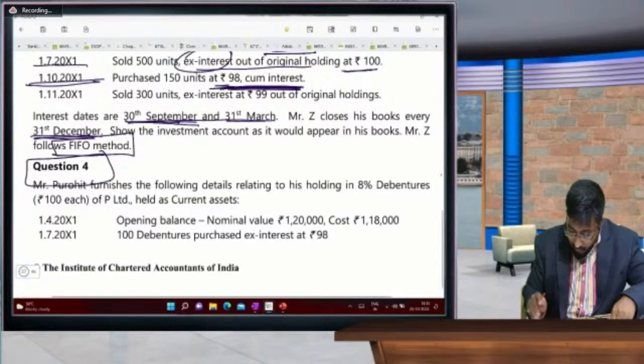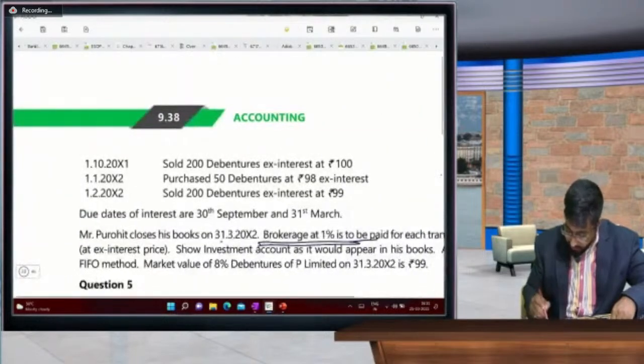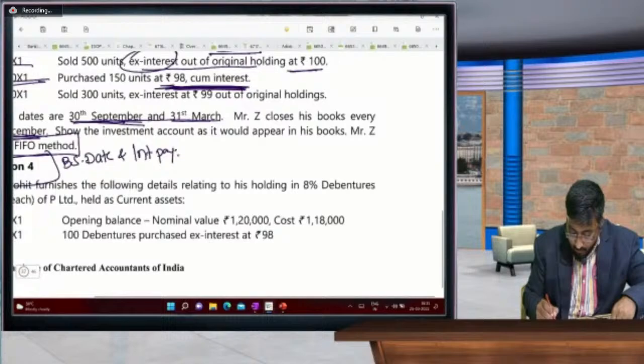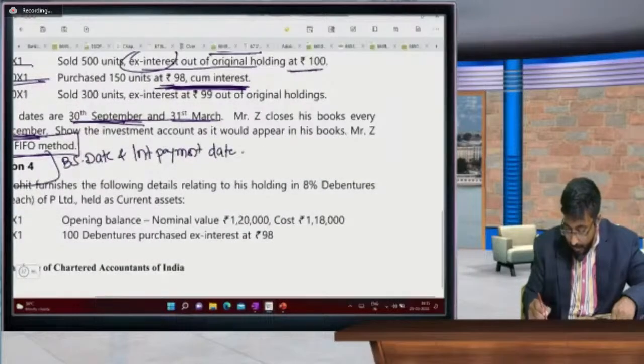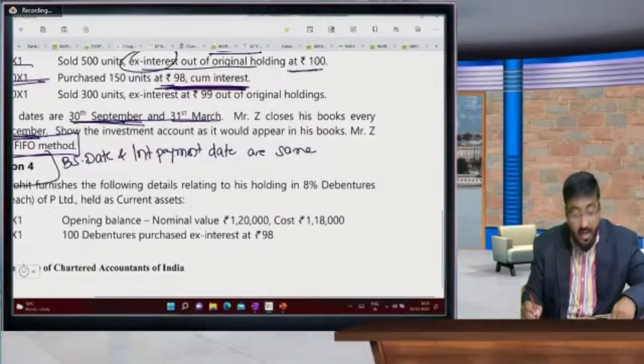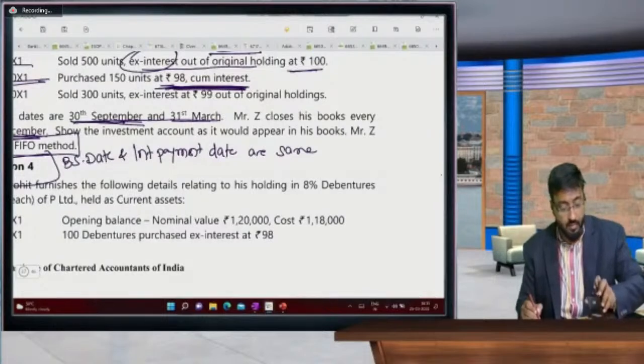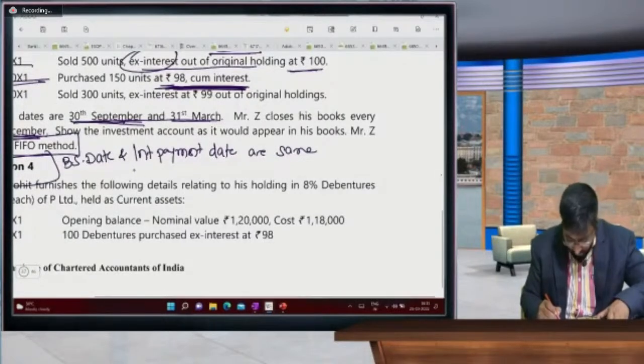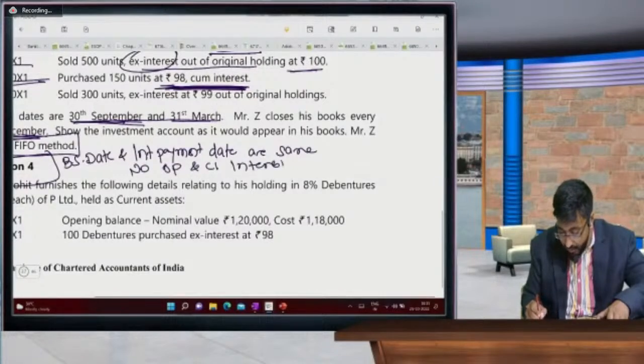Here, the balance sheet date and interest payment dates are the same. Dates are same. And when the balance sheet date and interest payment date are the same, there is no opening and closing interest receivable entry.